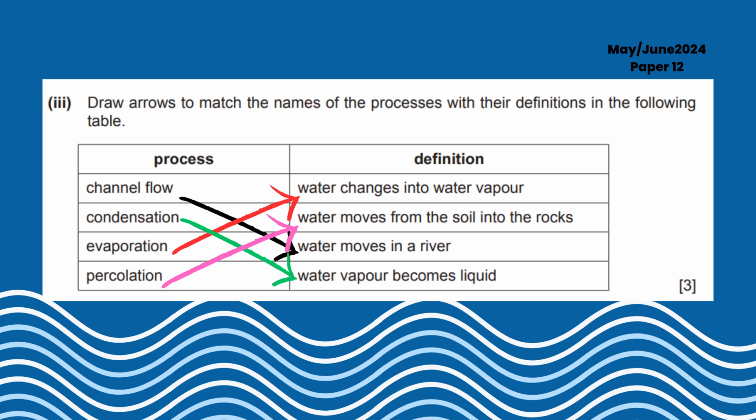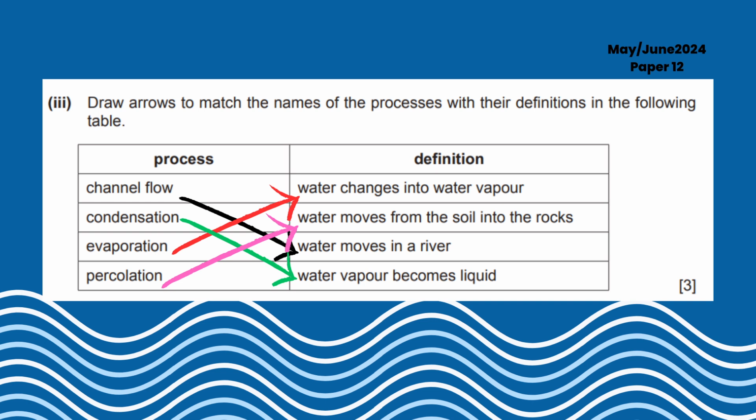It's the movement of water within a river or a stream, and it's how water flows along the river's channel from one place to another. Again, channel flow, water is moving within the stream or a river.